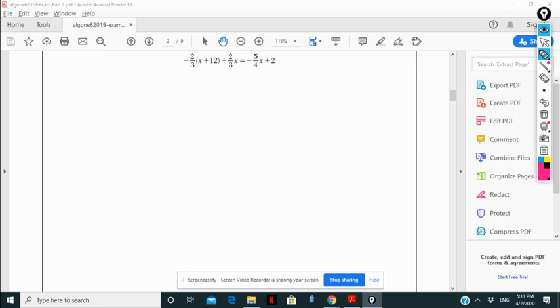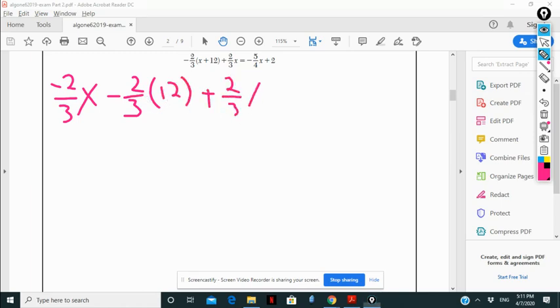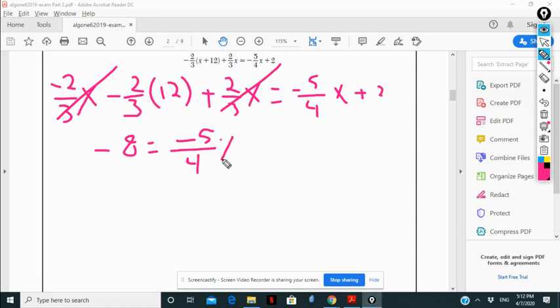So the first step, I'm going to distribute -2/3 all over the parentheses. So -2/3, +2/3 cancel out, and -2/3 times 12 is giving me -8, equal to -5/4x plus 2.